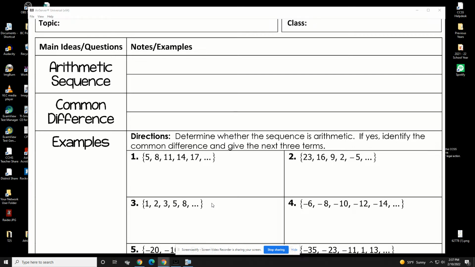Arithmetic sequences are sequences in which the difference between consecutive terms is constant.